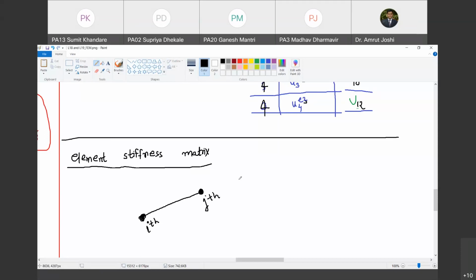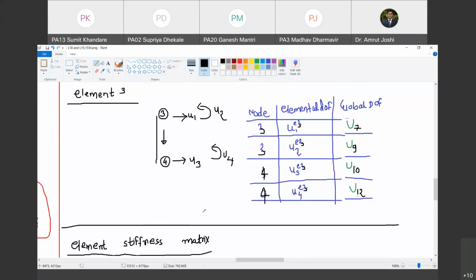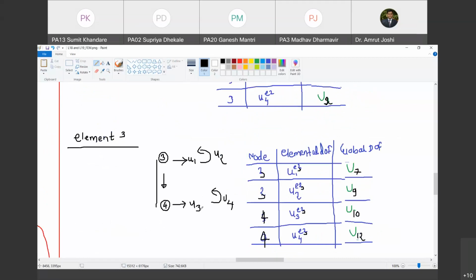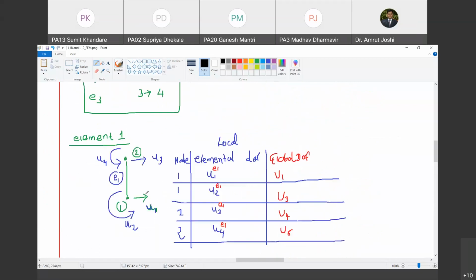So what is the nodal connectivity? This element is from I to J. Are you with me? Yes, sir.